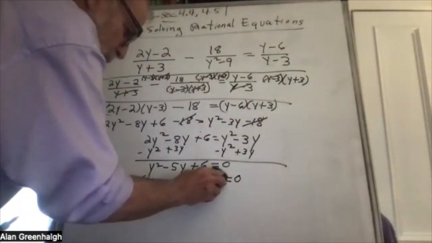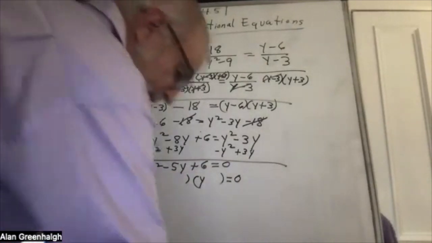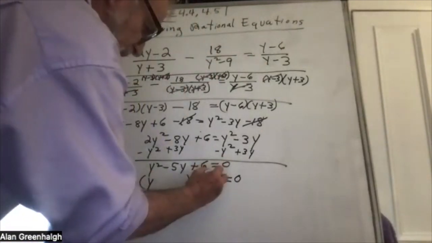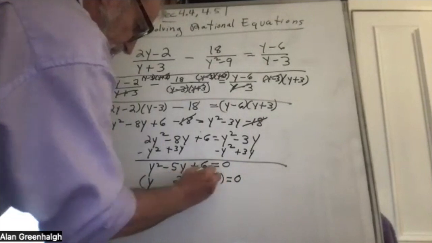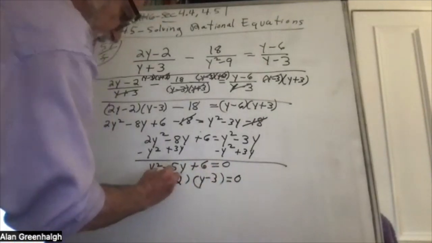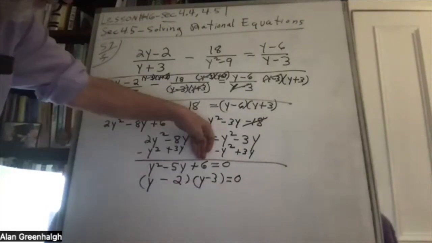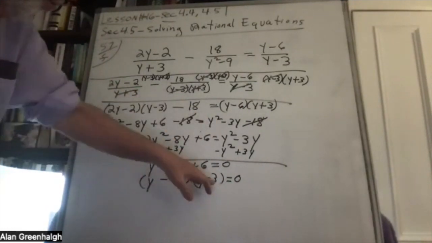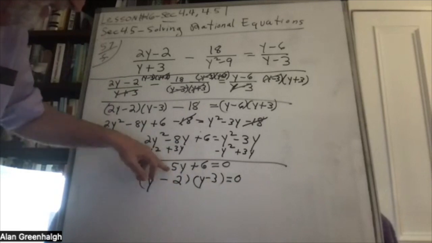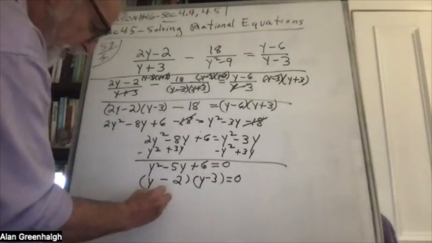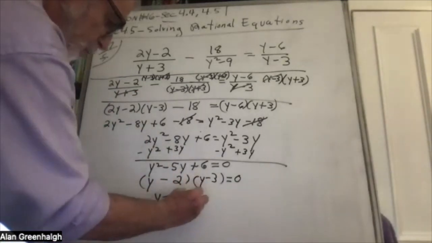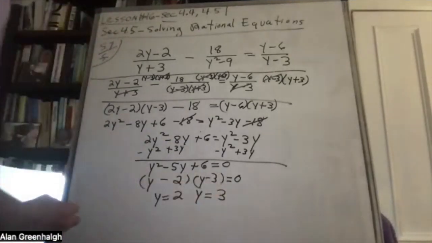But 3 and 2 will work, fortunately. So that's negative and negative. The -2, -3 is +6. The -2, -3 added is -5. Y is equal to 2, and y is equal to 3.